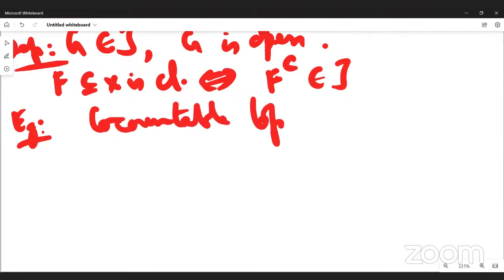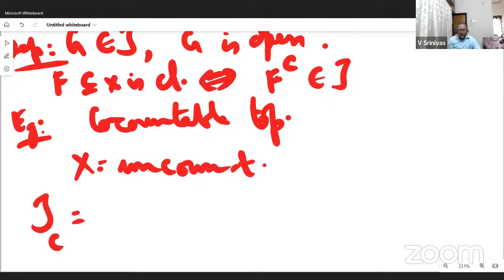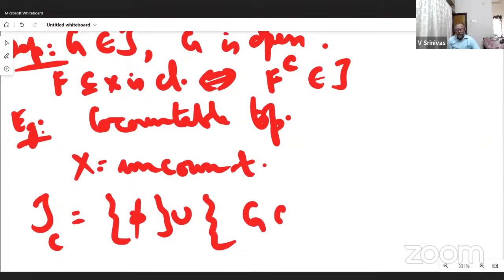Your X must be an uncountable set, replacing infiniteness in the previous example by uncountability. Let your capital X be uncountable, and define tau C to be the set consisting of phi union those sets G contained in X such that its complement X minus G is countable.